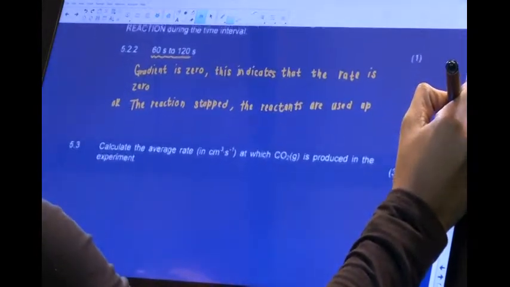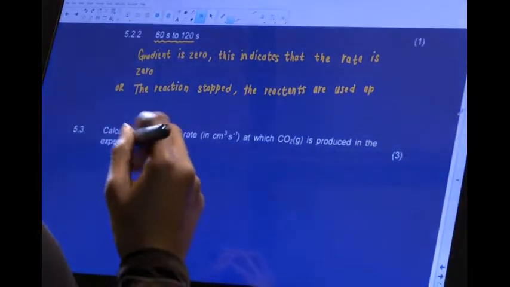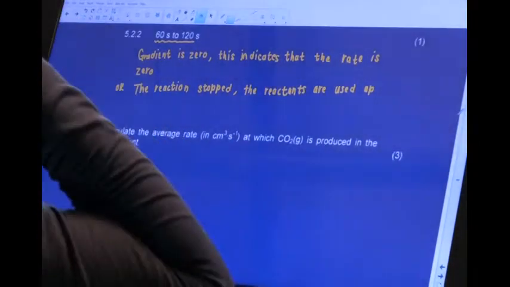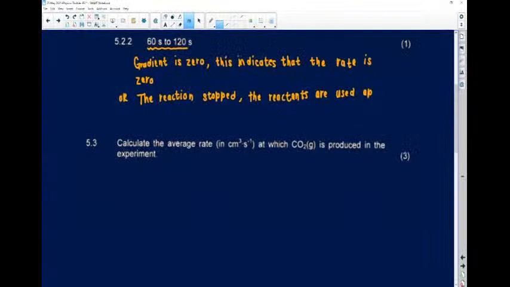Let's go to 5.3. It says that we need to calculate the average rate in cubic centimeters per second (cm³·s⁻¹) at which carbon dioxide gas is produced in the experiment. Remember, when they say average rate and they say calculate, you already think in your head, we need a formula.